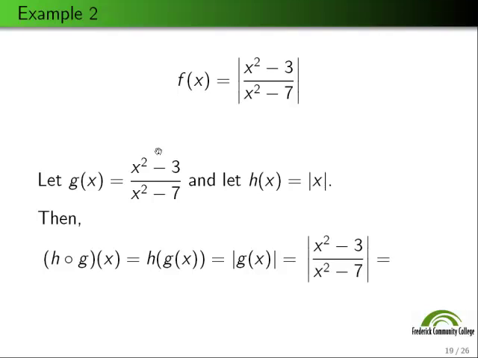So we have the absolute value of x squared minus 3 over x squared minus 7, which does indeed equal f of x. So our conclusion here is therefore f of x equals h composed with g of x, where h is the absolute value of x and g is defined as x squared minus 3 divided by x squared minus 7.